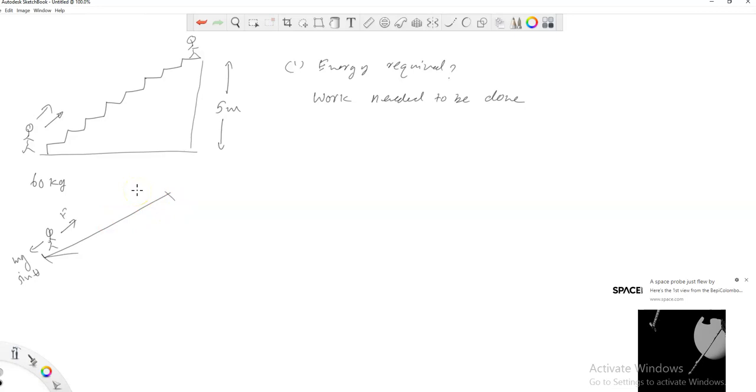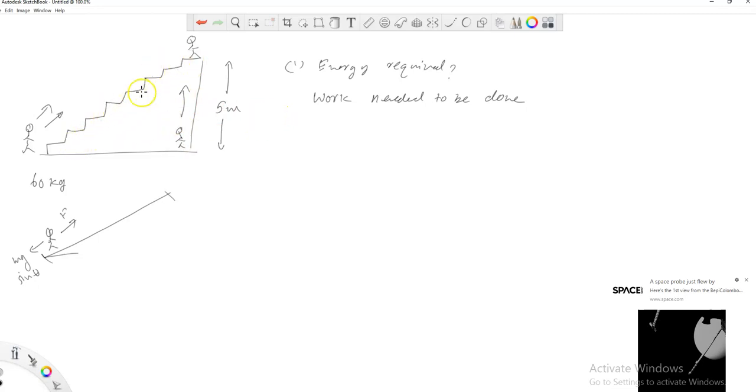You can figure out how much work he does. But here we don't have that information. All we have is the net height. The starting point is here, this is the final point. We can find the work the same way, assuming that he's going up straight.